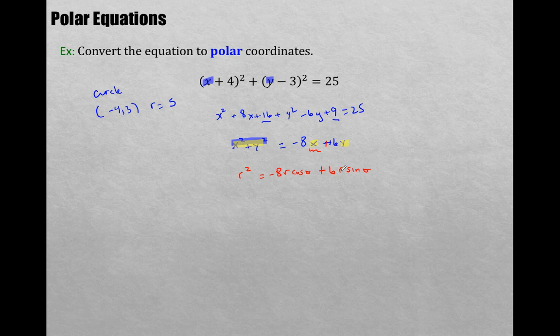You could leave it like this, but remember, I want you to untrick this. Do you remember the trick when we were going the other way where we needed an r? I want you to get rid of the r. Divide through by r, because if r equals 0, that will make this equation true. But I want not r squared by itself, I want r. So divide through by r.